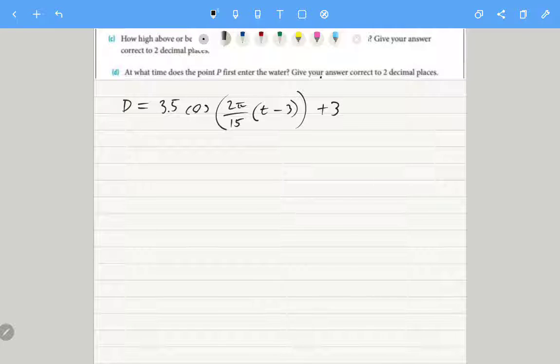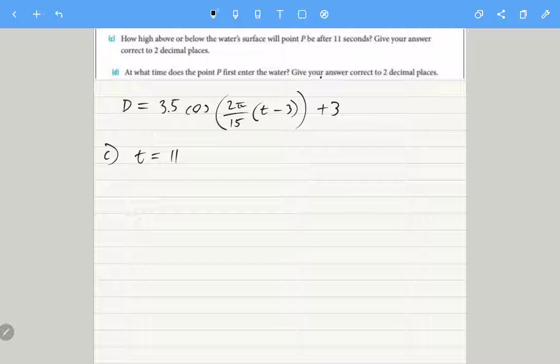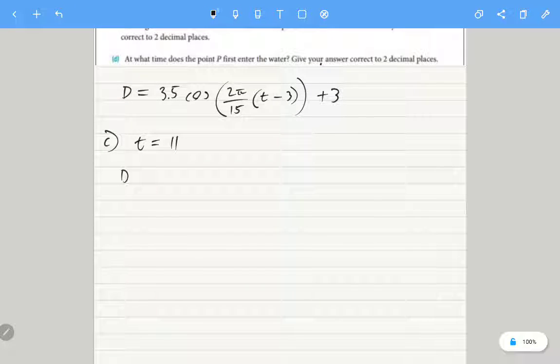Alrighty, so we've got 2 more questions to answer. The first one is, how high above or below the water's surface will the point be after 11 seconds? So what we're really interested in is when t is equal to 11, because remember, t is measured in seconds. So we could substitute this into our formula.